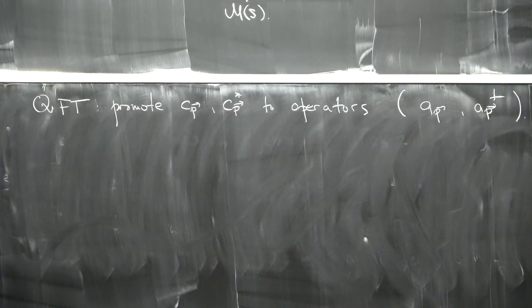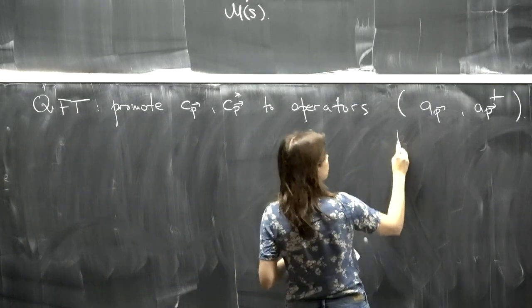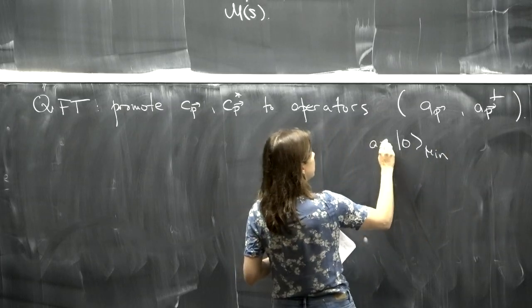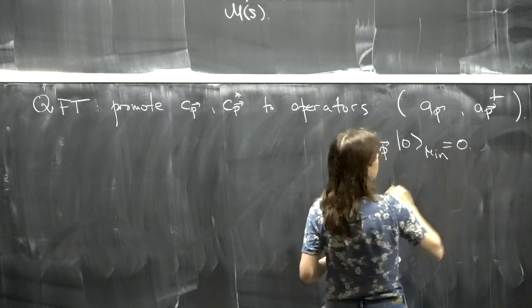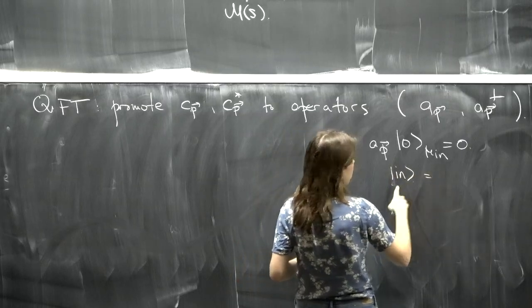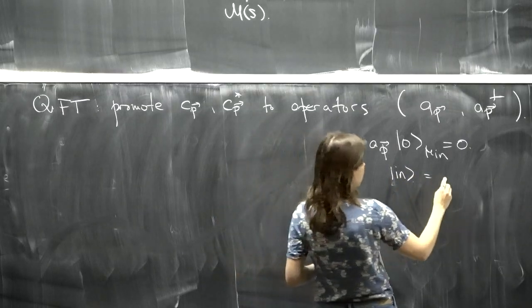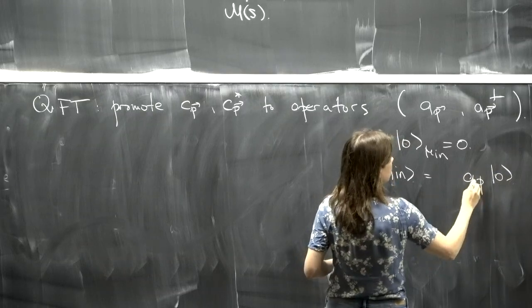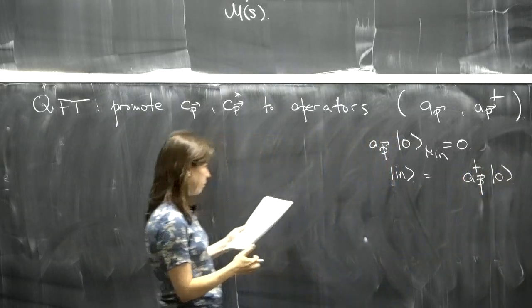Okay, and we build our asymptotic states, as I said, from the Minkowski vacuum that is annihilated by all of the a's. And then a one-particle state is obtained by acting on the vacuum with the creation operator.